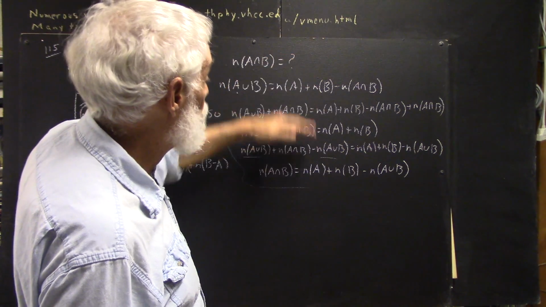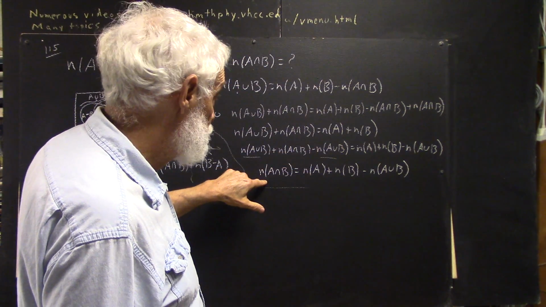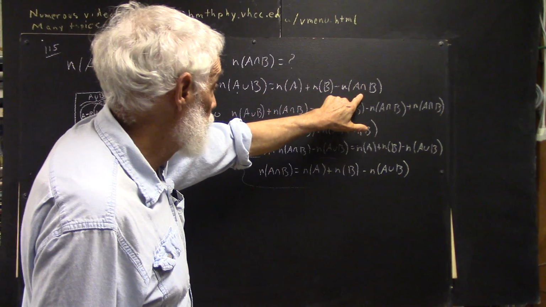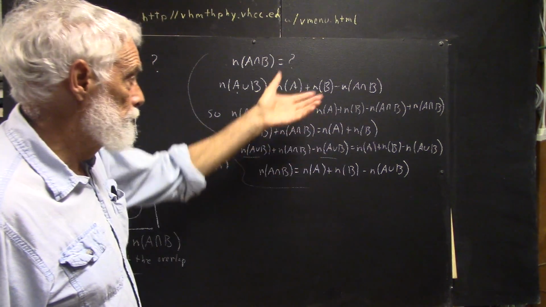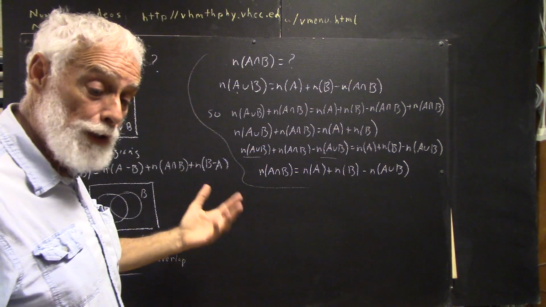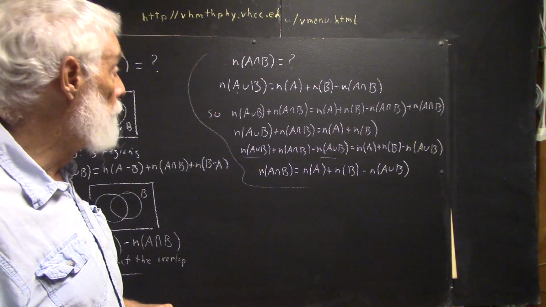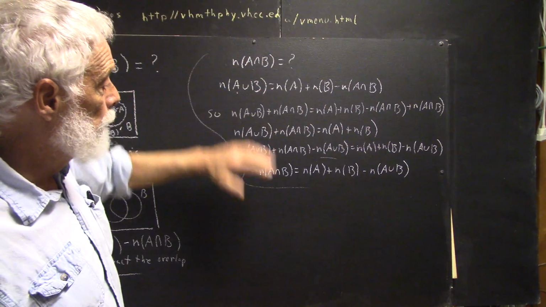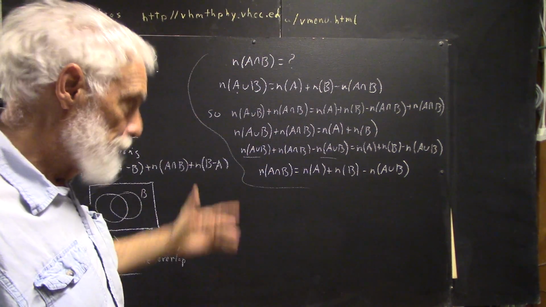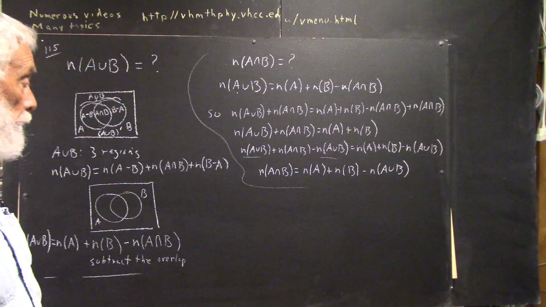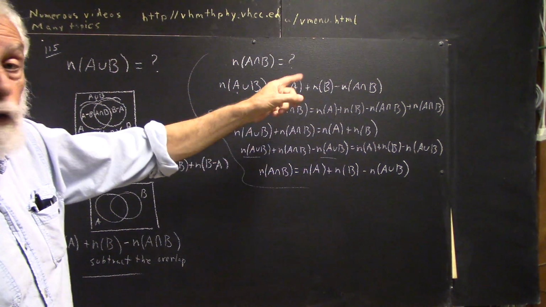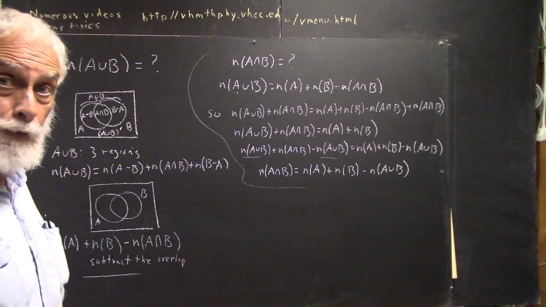Of course, there are other ways to rearrange this equation to solve for this number. You multiply everything by -1, then add number in A and number in B to both sides. There are all kinds of things we can do. So if you're halfway secure with the algebra, that's a good way to approach it, because we have a variety of questions here. You could be asked for any one of these 4 quantities. You have to know how to answer the question.